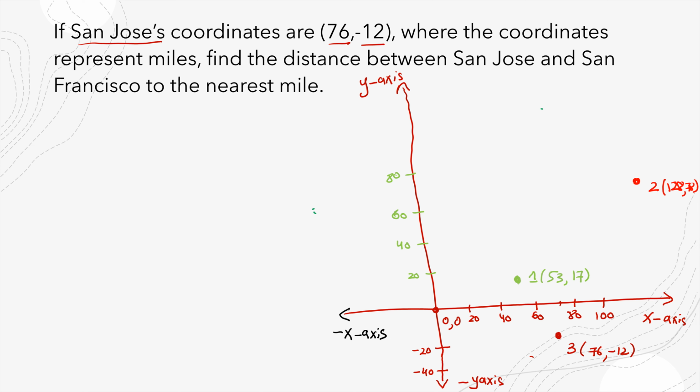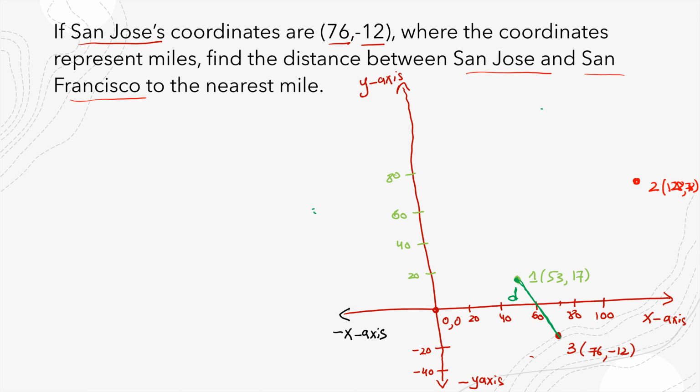Now they are looking for the distance between San Jose and San Francisco, so we are looking for the distance between point 1 and point 3. The process will still be the same. We are looking for a straight line between these two points. This distance is our variable d.